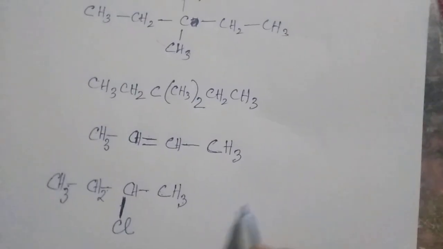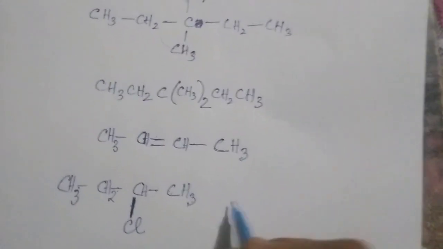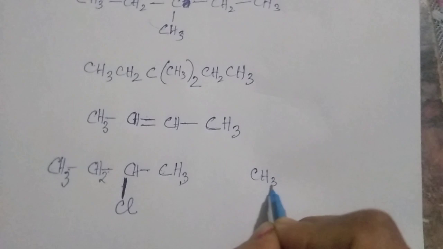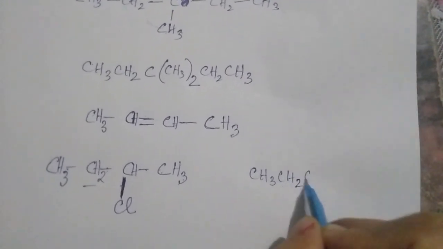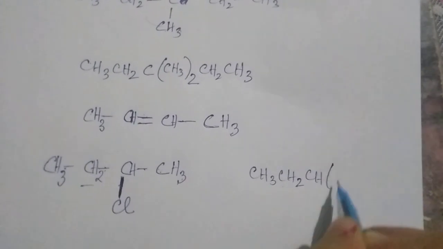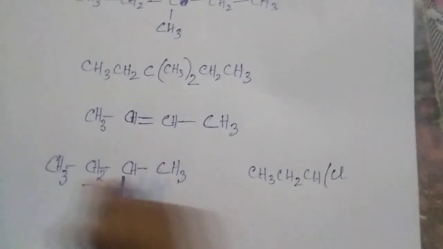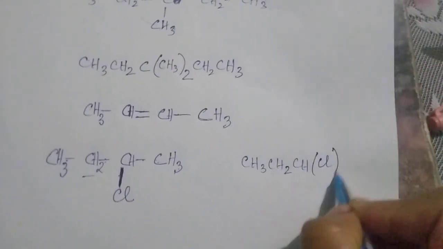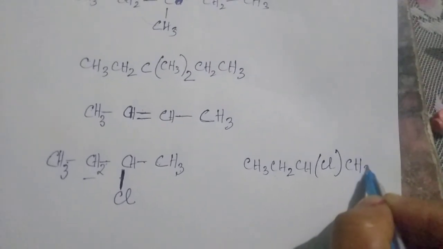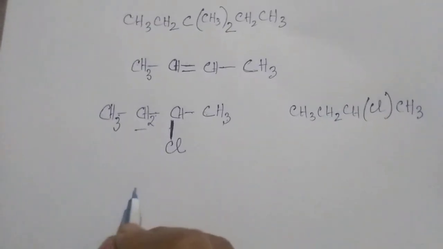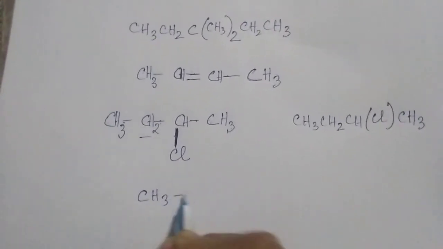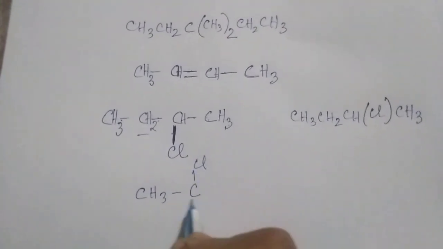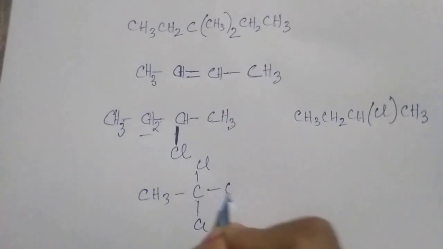So how to write the formula now? CH3 is there. Okay, CH3, CH2, next carbon is CH2, then CH. Then as I told, if there is anything out of the chain, it should be written in the bracket, then CH3. Okay, so let me write like CH3, CH, then Cl above, Cl below, then CH3.